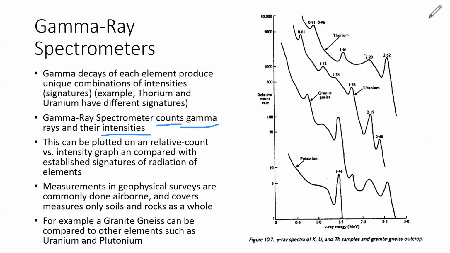If you plot the number of gamma rays versus the intensity of the gamma ray on a count versus intensity plot, you can actually form a spectral pattern, and this one actually represents a signature.